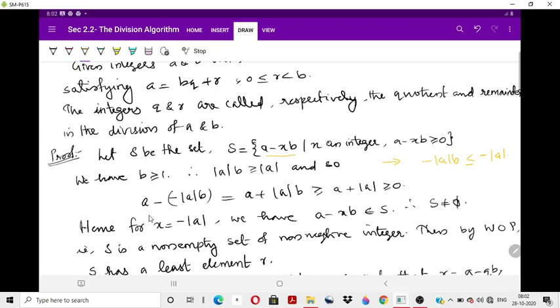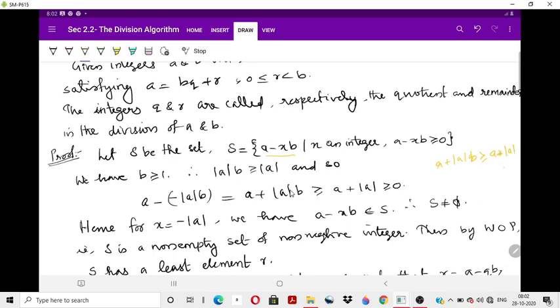So we have a - (-|a|b), which can be written as a + |a|b. Since |a|b is greater than or equal to |a|, applying that inequality, we have a + |a|b is greater than or equal to a + |a|.